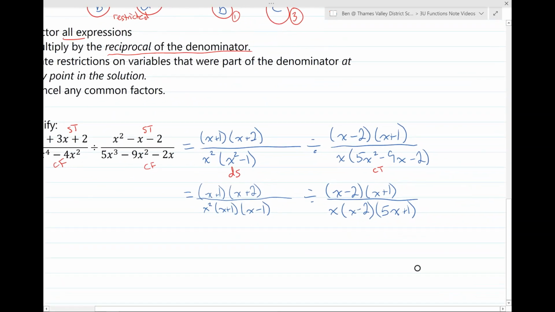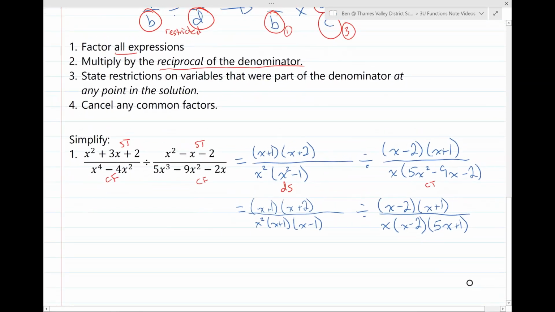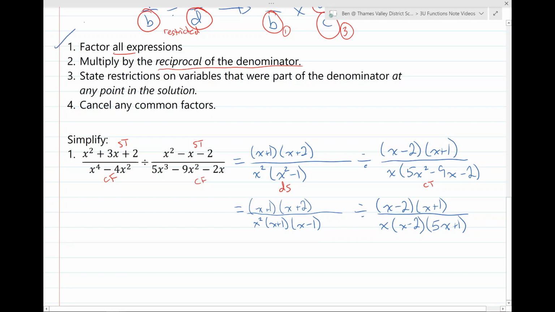Perfect. Now that I have this simplified, I've factored all expressions, check. Now I need to multiply by the reciprocal of the denominator.